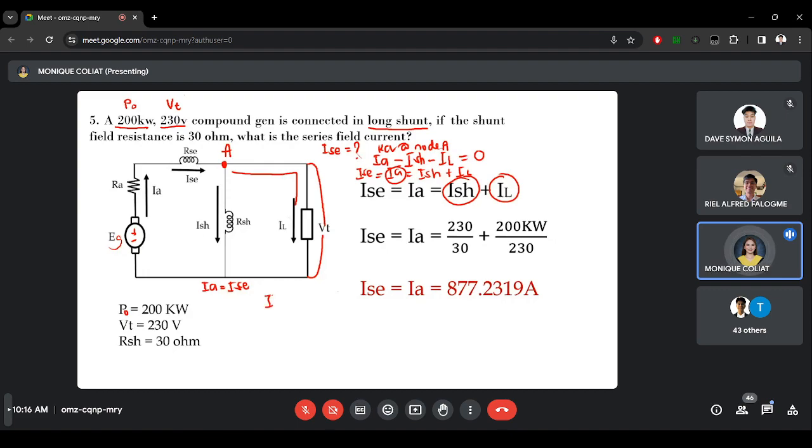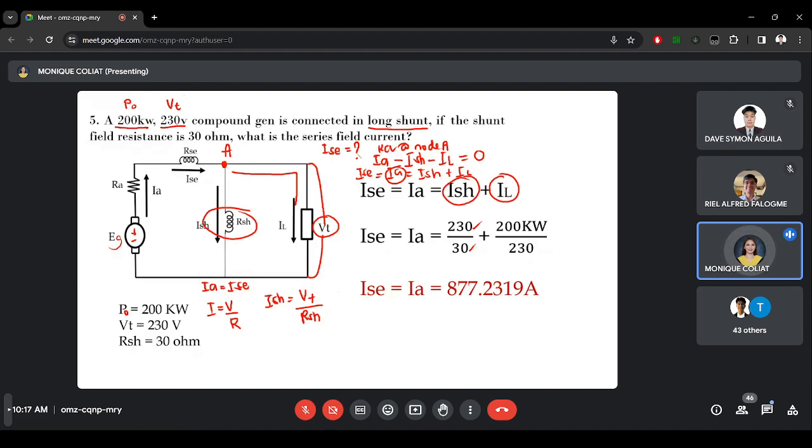ISH is equals to, as you can see, the terminal voltage is equal to the voltage drop across RSH because they are in parallel. So, we will get VT divided by RSH. Because current is equals to V over R, right? VT is 230 volts and RSH is 30.